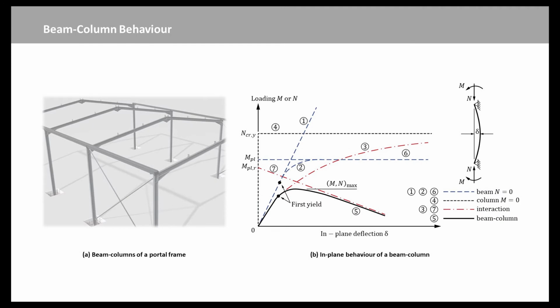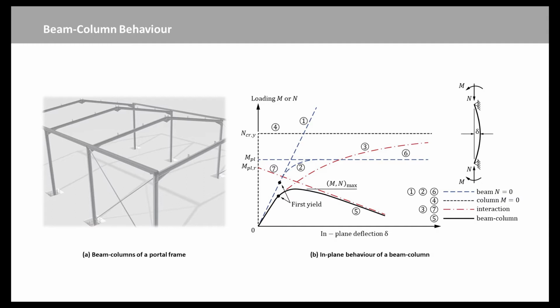When the deformations of an isolated beam column are confined to the plane of bending, its behavior shows an interaction between beam bending and compression member buckling, as indicated in the figure. Curve 1 shows the linear behavior of an elastic beam, while Curve 6 shows the limiting behavior of a rigid plastic beam at the full plastic moment MPL.